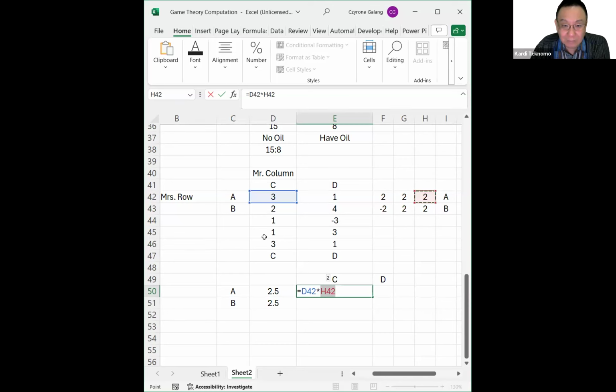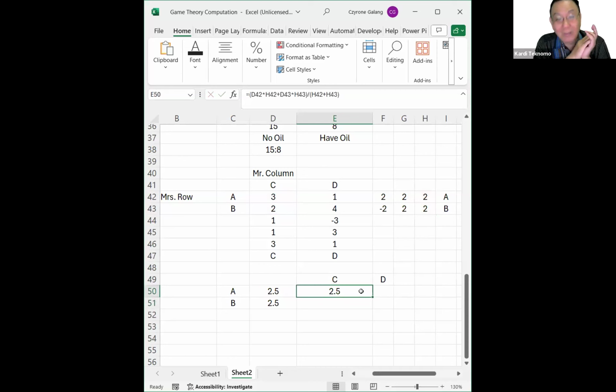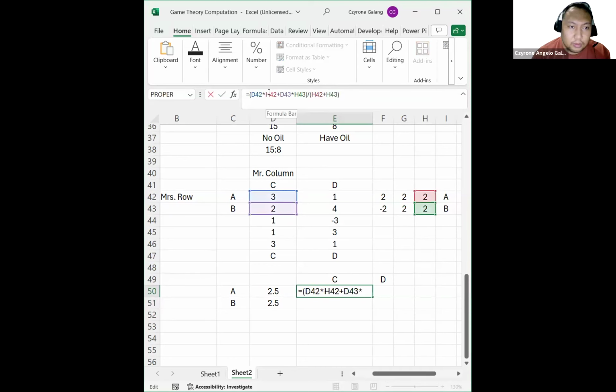So yes, multiplied by, correct. And then again, you put a parenthesis. And then divided by the sum of the art. It is 2 plus 2. Yes, close it. You're supposed to get exact. So this means your computation is correct.